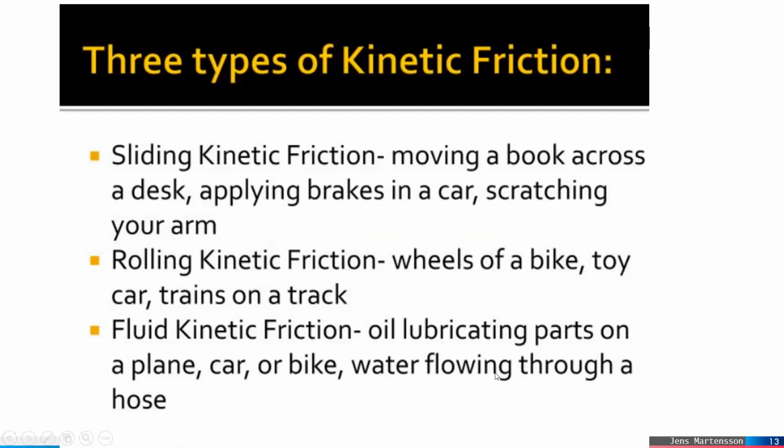Now, by now we know that for any object while it's moving, we have a gravitational force downward, a normal force upward, a push or pull force to the right as an example, and a friction force to the left.